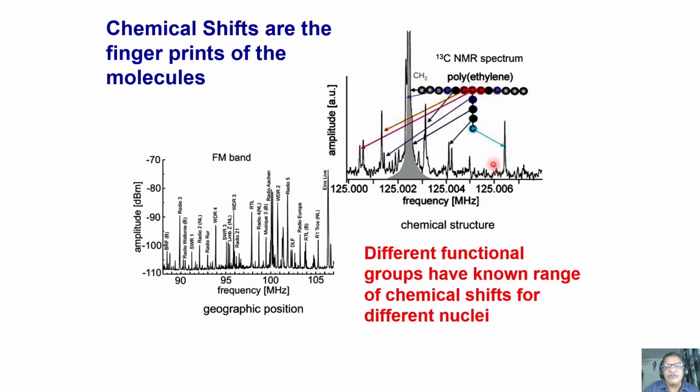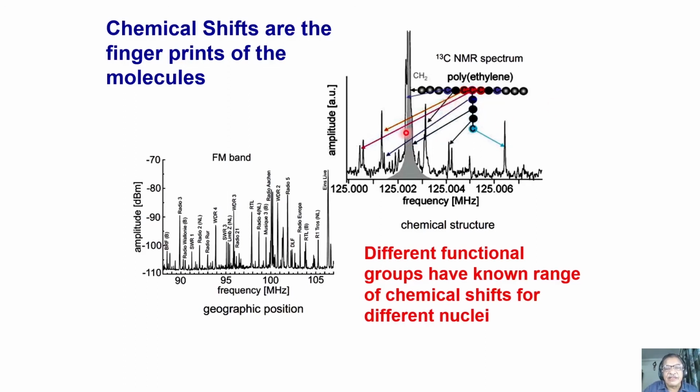The same methyl proton, if you attach oxygen, it will come here, it becomes methoxy. So depending upon where the peak comes, people have classified different functional groups which resonate at different frequencies of the NMR spectrum.